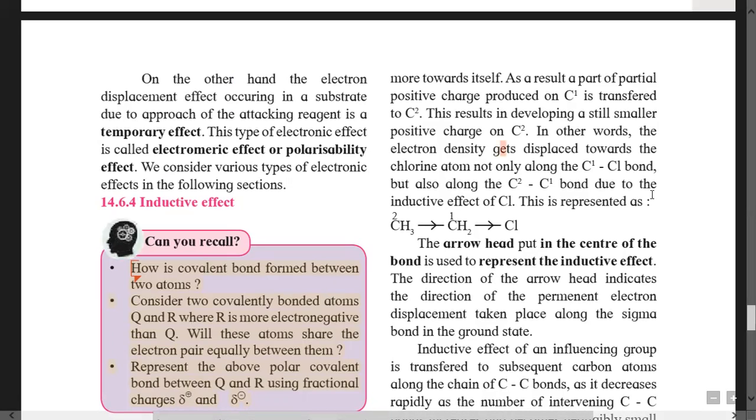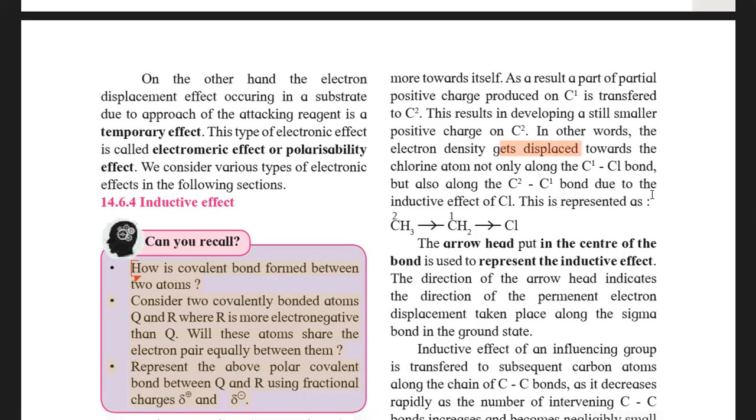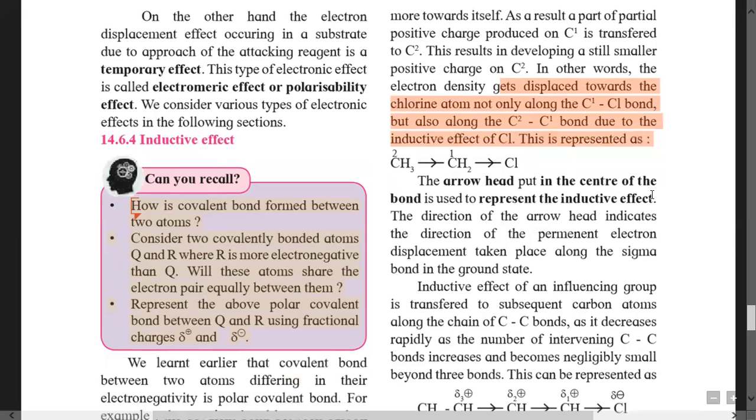The electron density gets displaced towards the chlorine atom, not only along the carbon 1 chlorine bond, but it is transmitted along the carbon carbon bond due to the inductive effect of chlorine. So this can be represented as CH3 single bond CH2 single bond Cl.